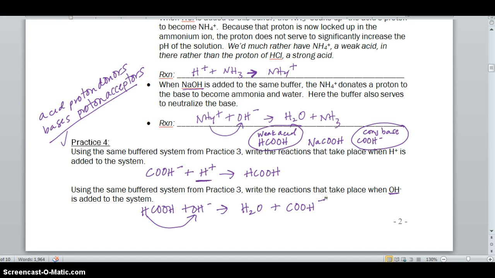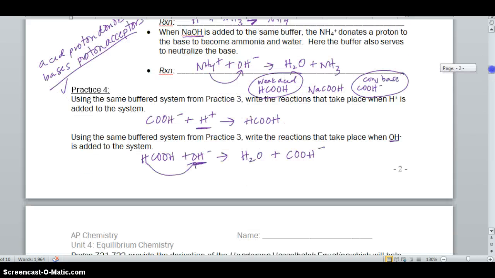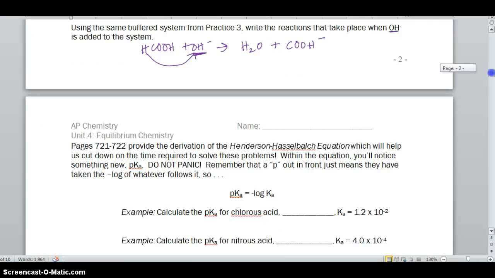So again, we're creating that conjugate base. The pH might go up a little bit, but nothing compared to that OH minus. So that's kind of the conceptual side of how you deal with buffers.